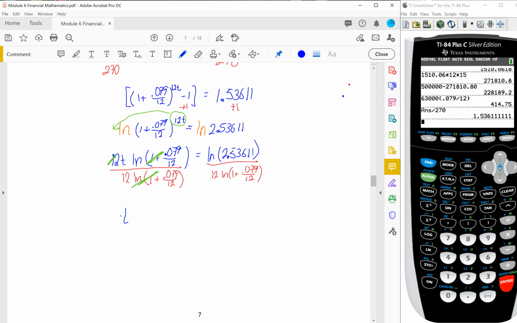And so t will be equal to the natural log of 2.53611 divided by the 12 natural log of 1 plus the 0.079 divided by 12. And again, to be explicit, your calculator is probably going to require that you put a grouping symbol on the denominator to interpret this denominator correctly.